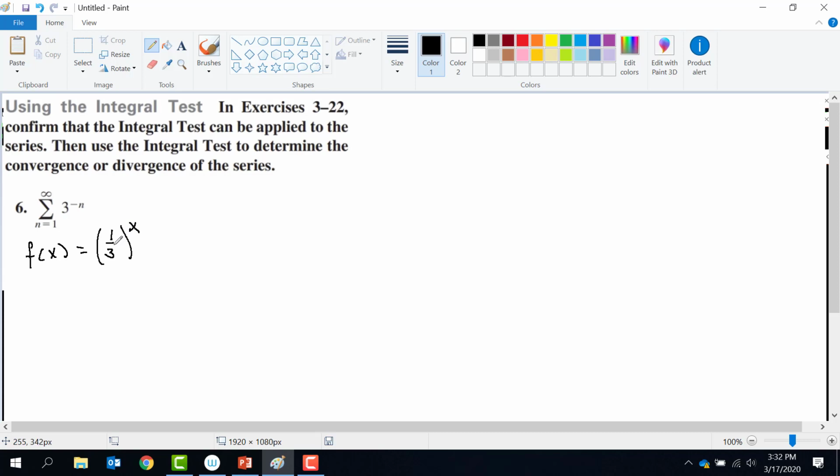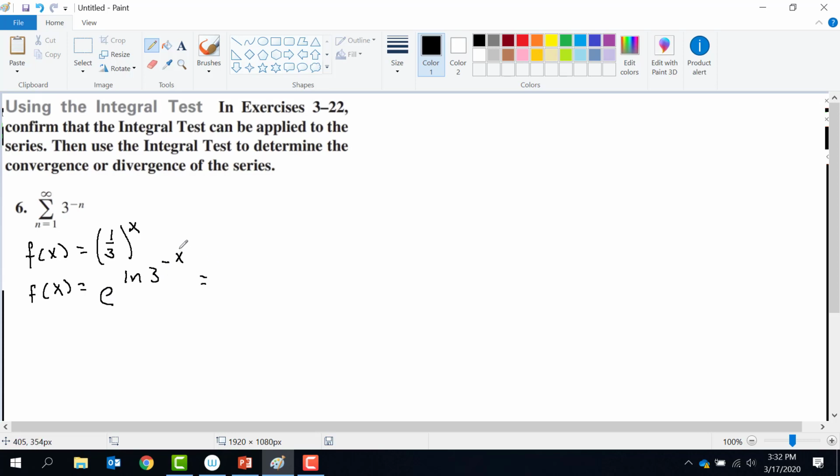Not that comfortable with antiderivatives with exponential functions whose base is not e. So what we're going to do to help us with that is rewrite this function. We're going to natural log the 3 to the negative x, and then exponentiate to undo that.